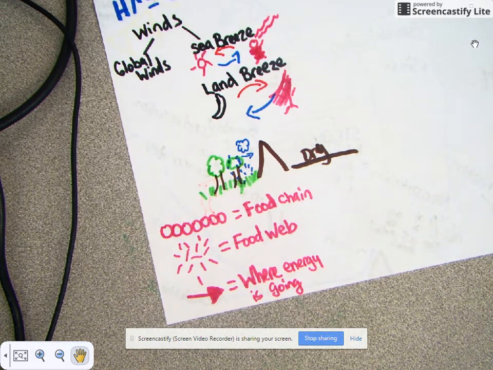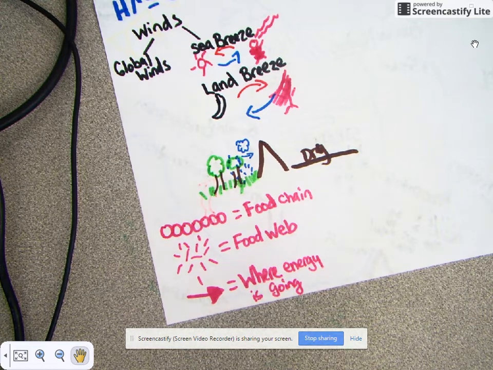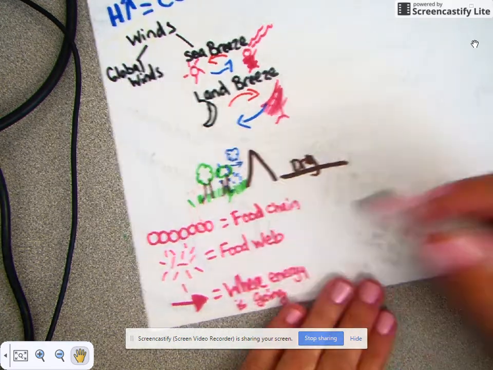So when we have the sun, the arrow goes from the sun to the producer. That energy from the sun is going to the producer. And then from the producer, the arrow goes to the first level consumer, and that is the energy transferring that way. Okay, 3 other things for this pink part right here.